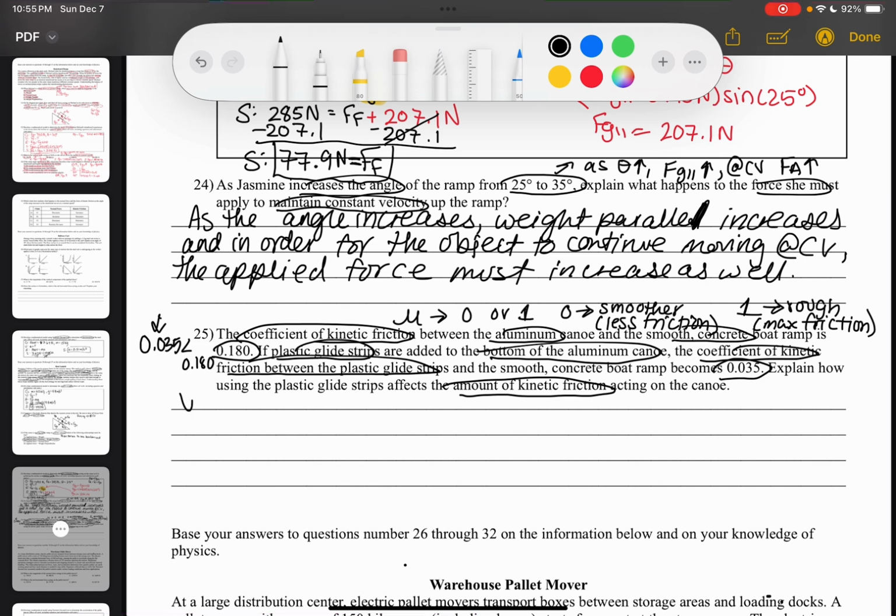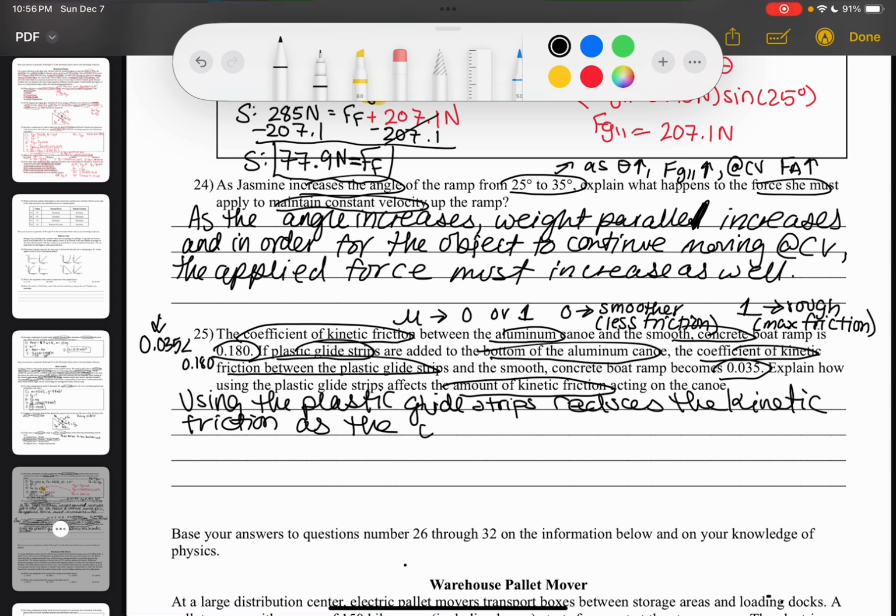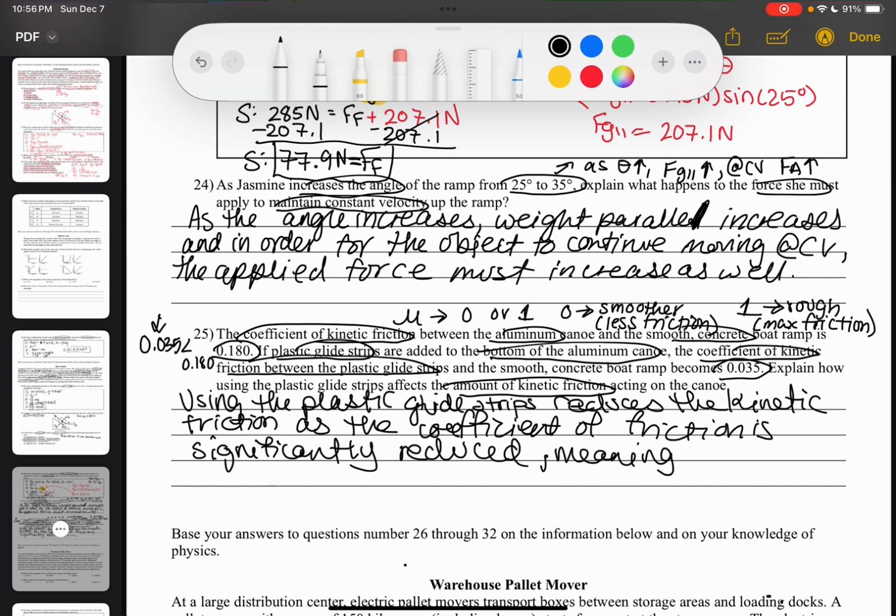Okay, so using the plastic glide strips reduces the kinetic friction as the coefficient of friction is significantly reduced, meaning there is little friction between the plastic and concrete.